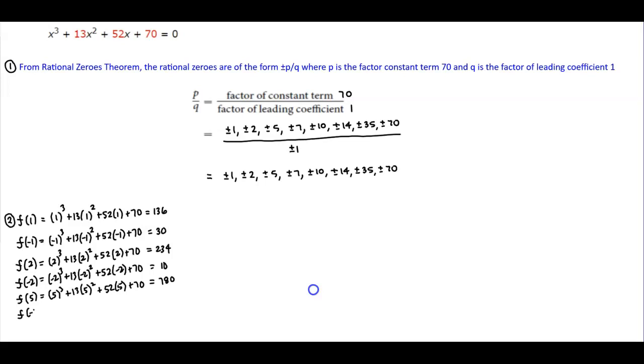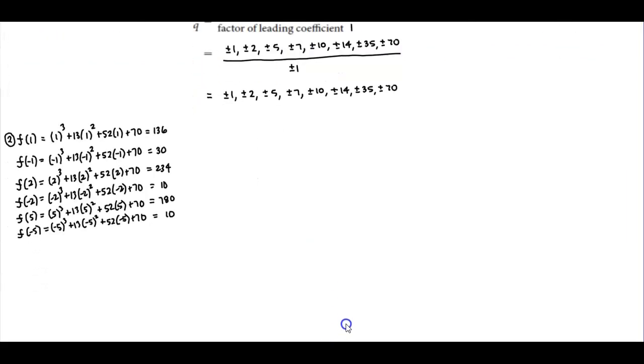For f of negative 5, we plug in negative 5 cubed plus 13 times negative 5 squared plus 52 times negative 5 plus 70, and that gives us positive 10. Now let's try f of 7. We get 7 cubed plus 13 times 7 squared plus 52 times 7 plus 70, and that gives us 1,414, which again is not a 0.